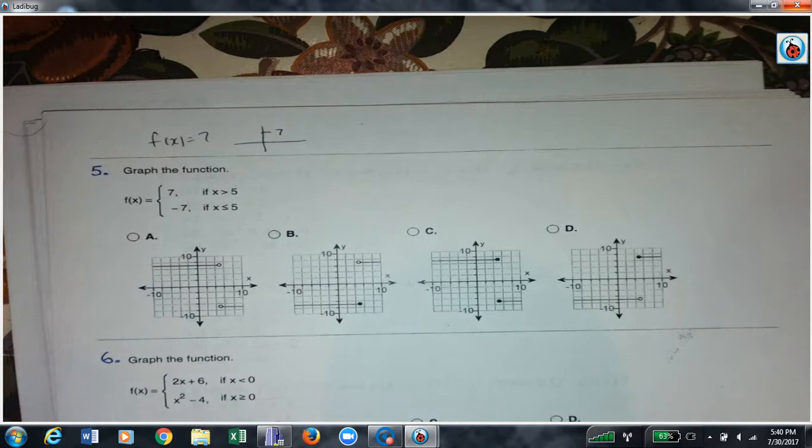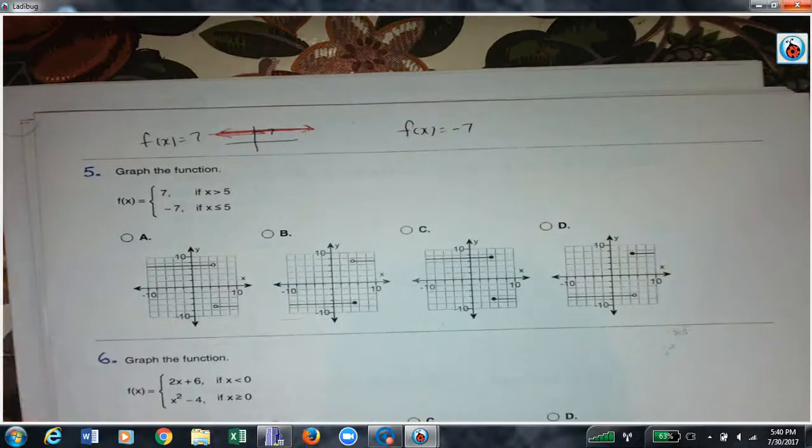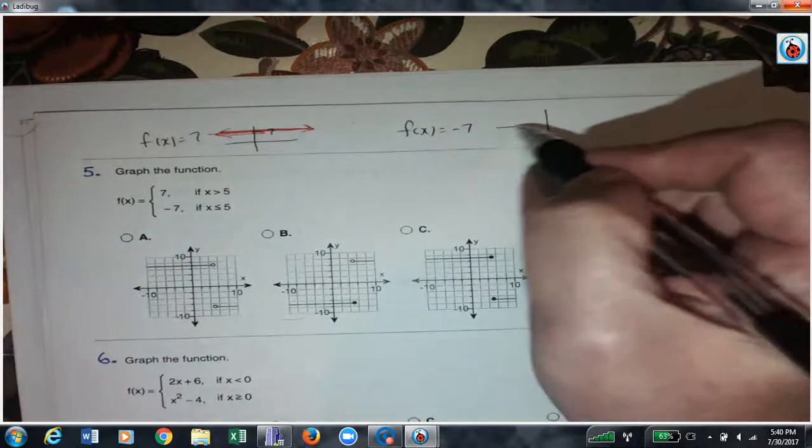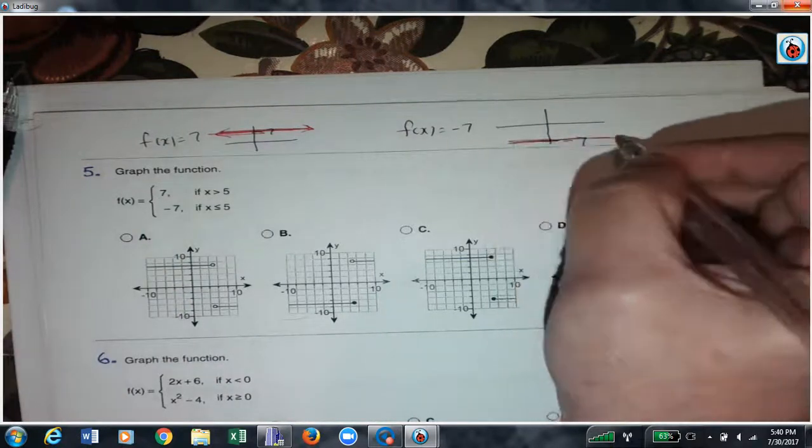Let me get a different color. So that's what each of those 2 functions look like.